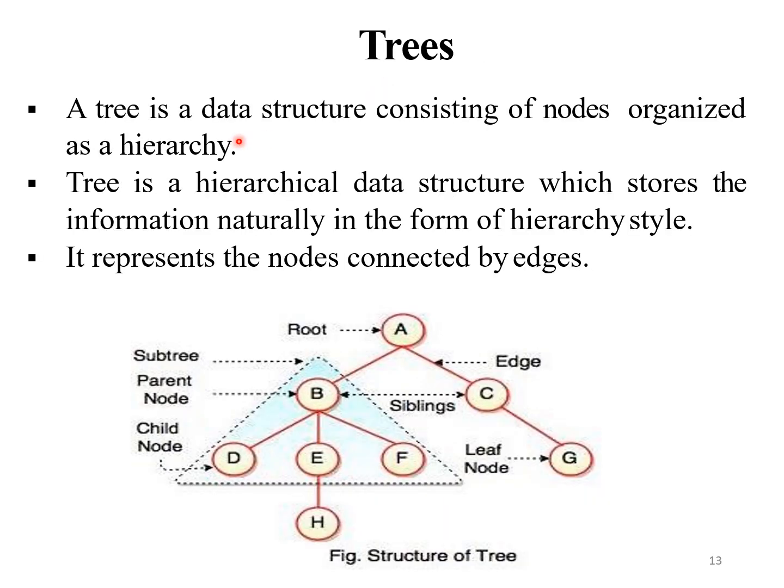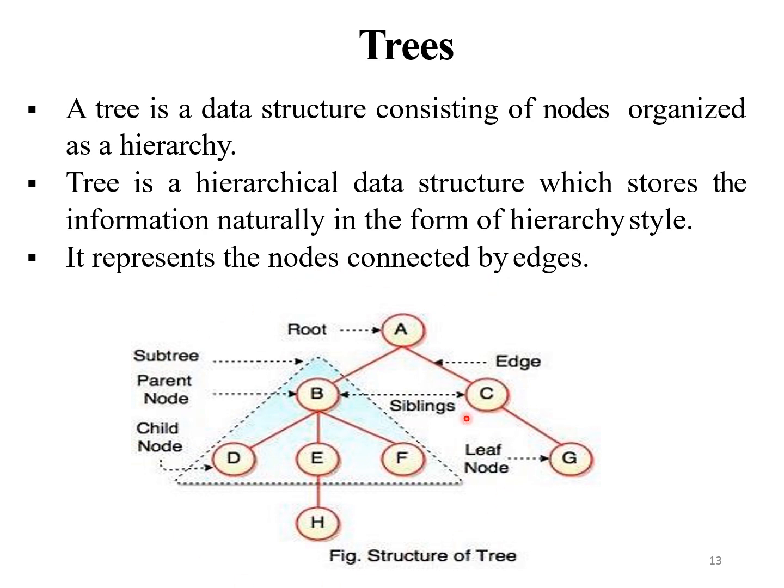Next is trees. A tree is a data structure consisting of nodes organized as a hierarchy. Tree is a hierarchical data structure, means non-linear data structure, which stores the information naturally in the form of hierarchy. It represents the nodes connected by edges.